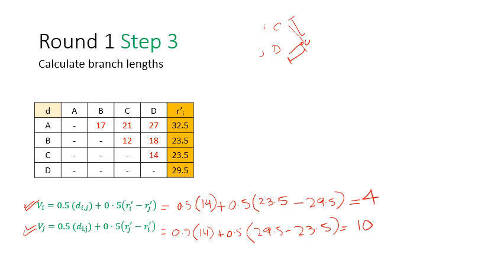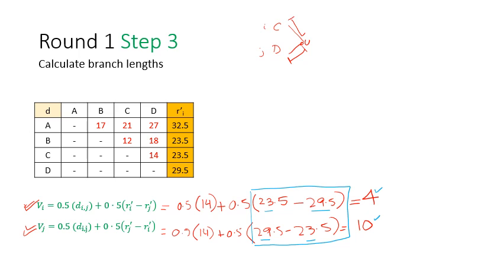Here you see that in both these formulas the difference lies here. First we have r prime I and then r prime J, here we have r prime J and then r prime I. So now we have computed the branch lengths, which are 4 and 10.